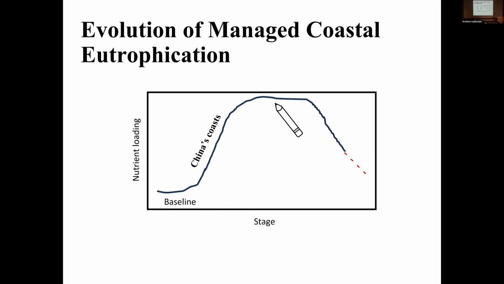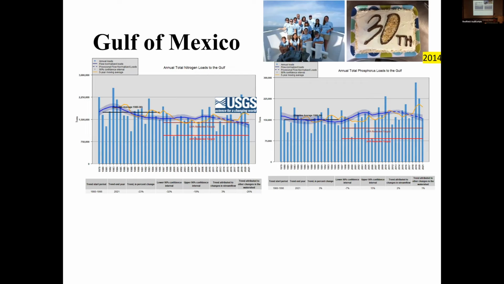And so next, I think there's no better ecosystem to represent a coastal region with a stagnated nutrient flux than the Gulf of Mexico. Here's the nutrient loading to the Gulf of Mexico for the past 35 years or so. You can see the nutrient input, N and P, basically didn't change that much.